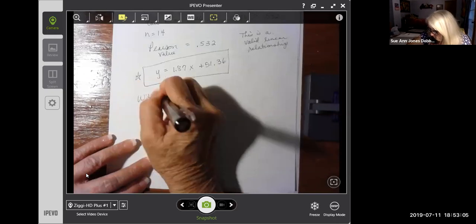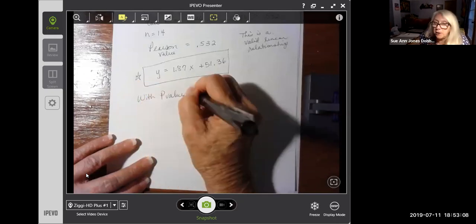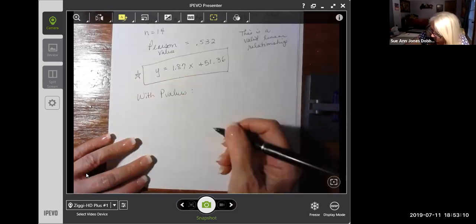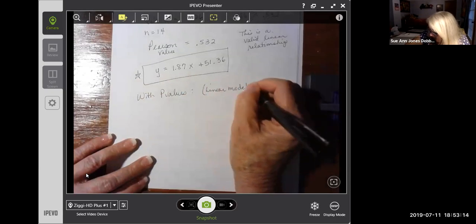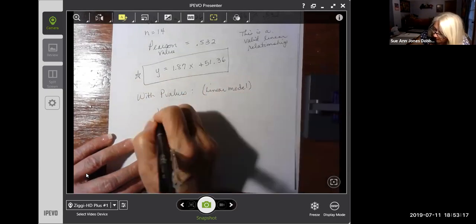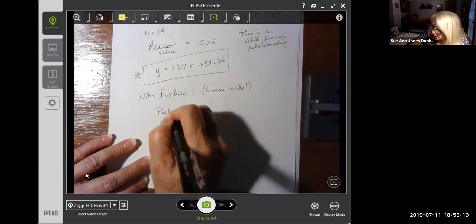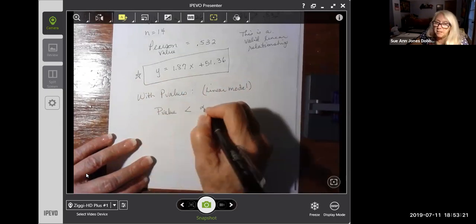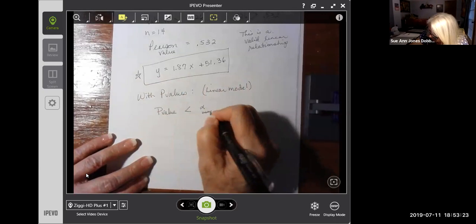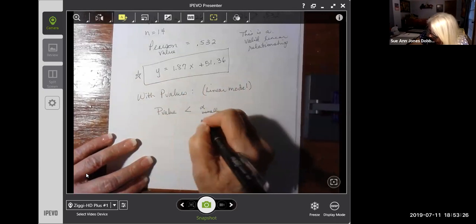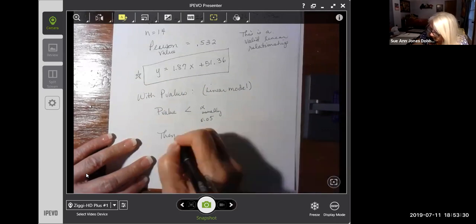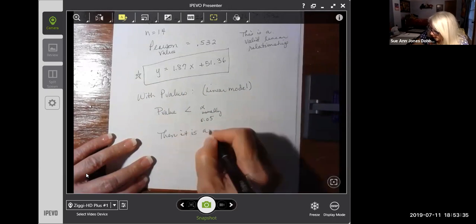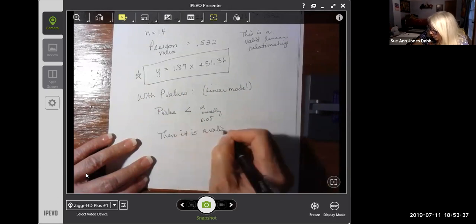You're going to be looking at the p-value for the linear model, so that second table down there. If the p-value is less than the alpha significance level, which is usually 0.05, then it is a valid linear relationship.